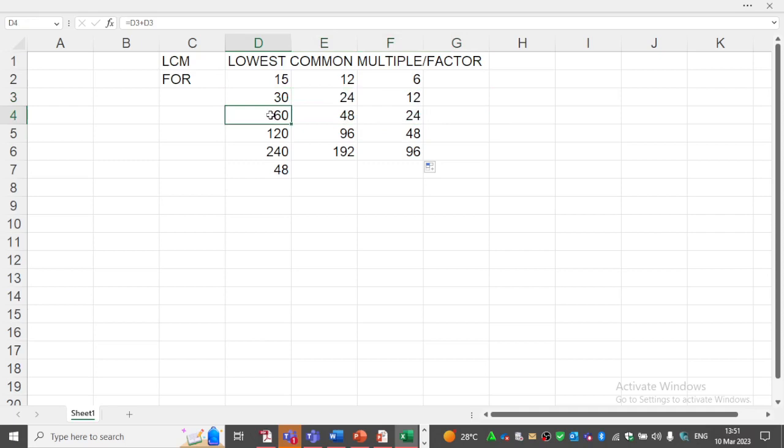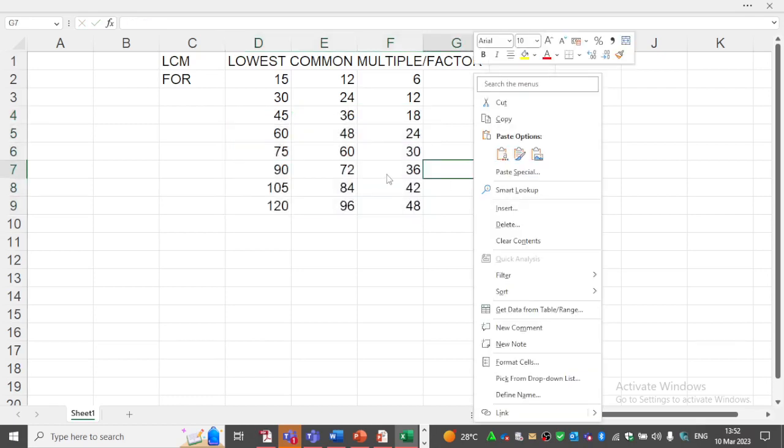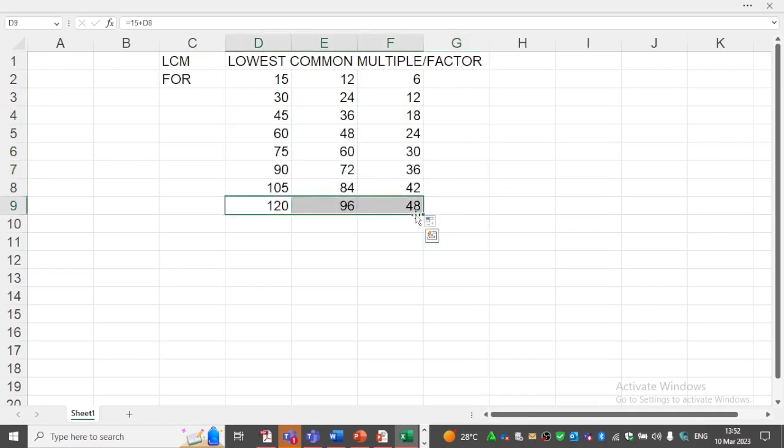Okay, yeah, I made a mistake. It's supposed to be saying equals to. Okay, the other one is not yet giving us what we want.